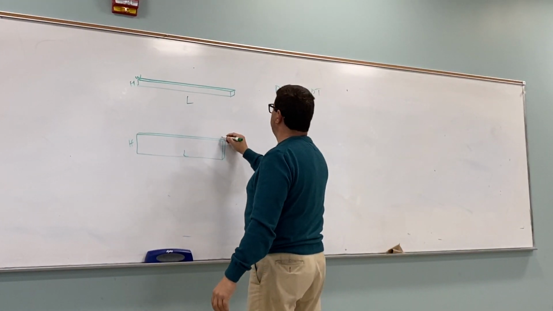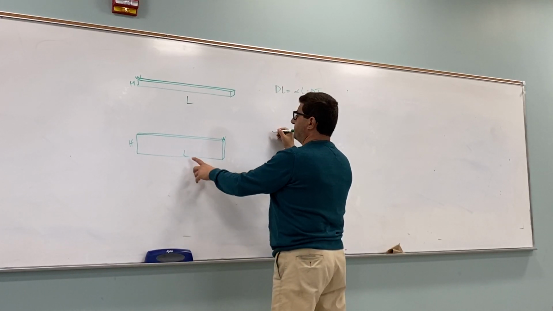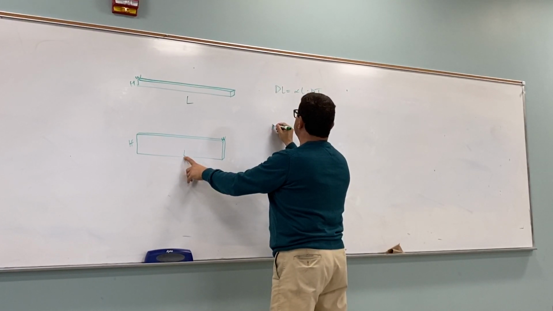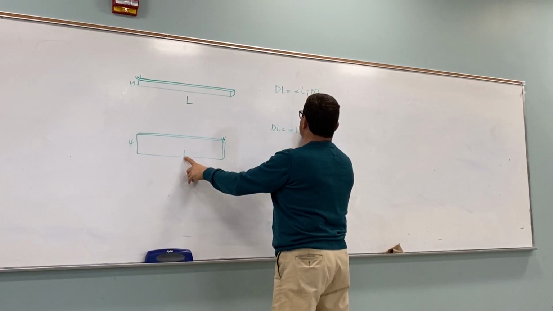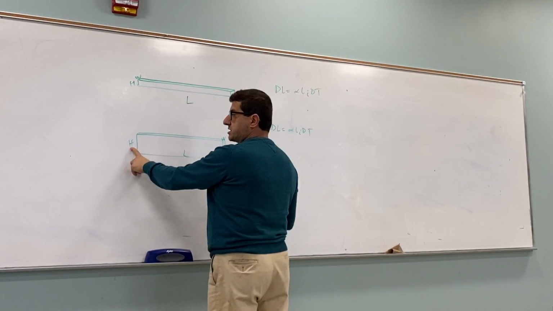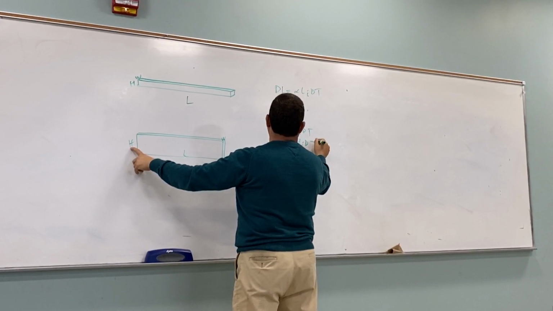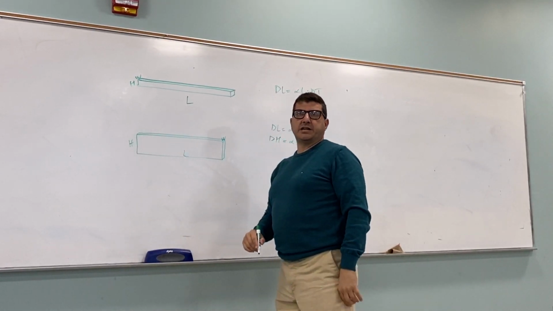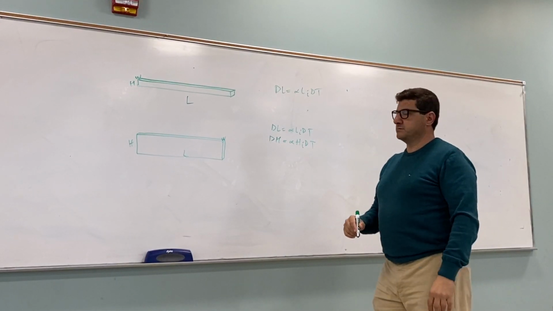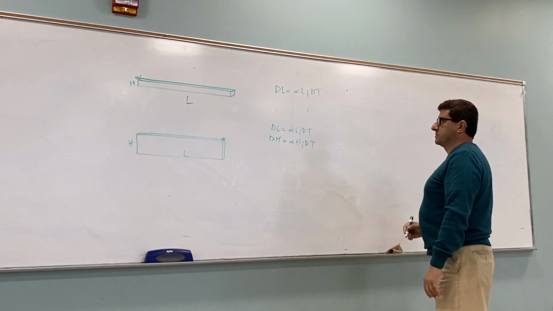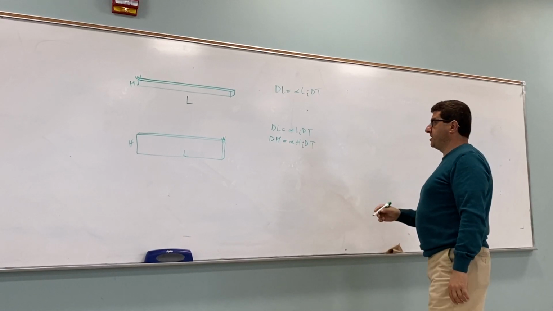So what are we going to say? The length expands, delta L is alpha L initial delta T, and the height expands, delta H is alpha H initial delta T. So now what's the new area of this shape? How much does the area increase?